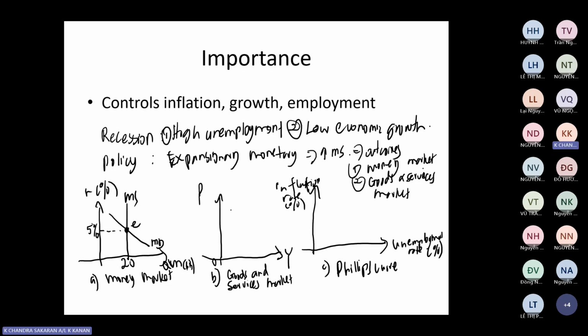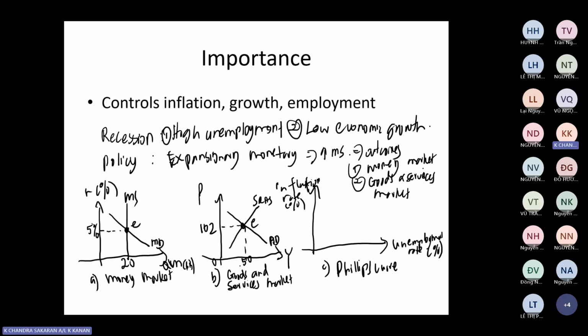So goods and services market, aggregate demand, because monetary policy only used for short run, so you use short run aggregate supply. So what do you have here? Price. I'm going to put index 102, production, let's say 50 billion.